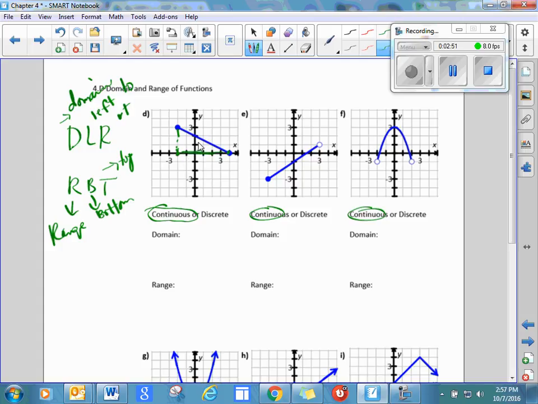We're going to write them as an inequality. So you are writing an inequality for these domains and these ranges. An inequality, and you are doing the small value less than the X less than the largest value.